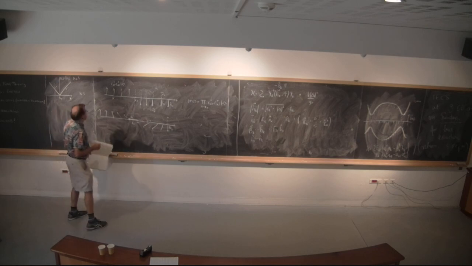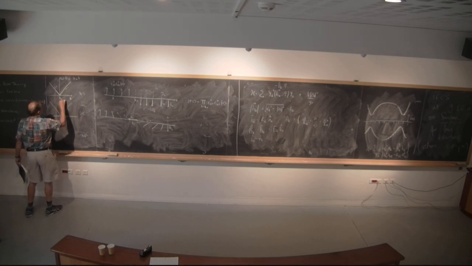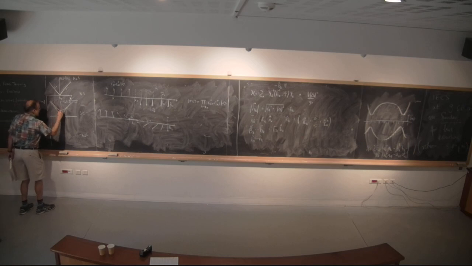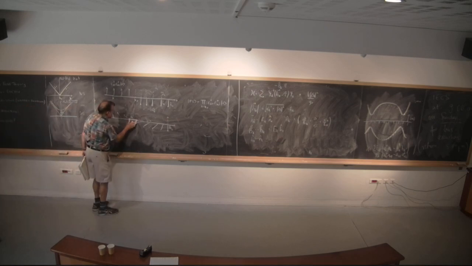And if we now look at this picture here, instead of the magnitude of B of k being just epsilon of k, the magnitude of B of k is the square root of epsilon k squared plus delta squared, and it looks like this. And so this is the energy, this is delta here. And at this point here, it costs an energy 2 delta to flip this pseudo-spin over.